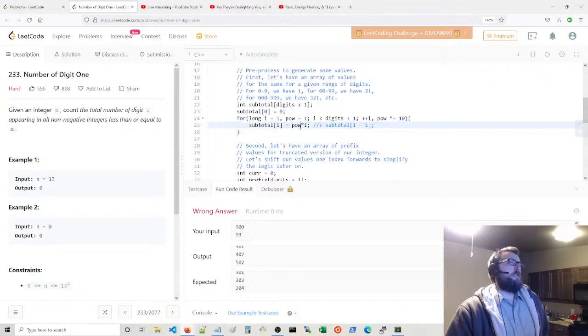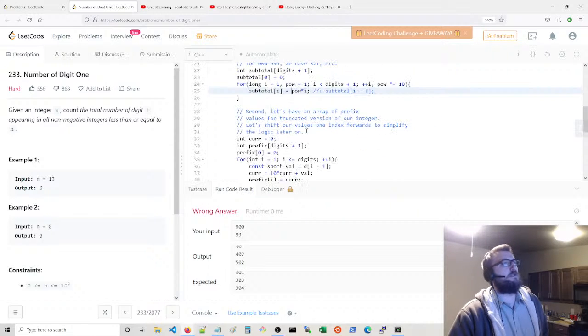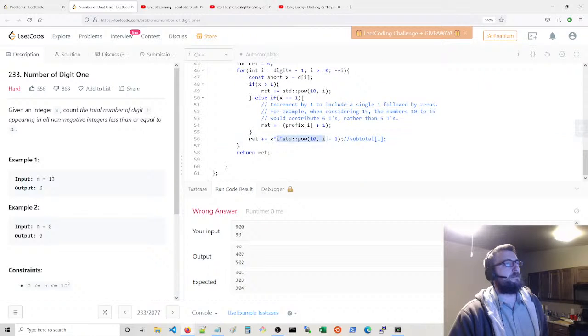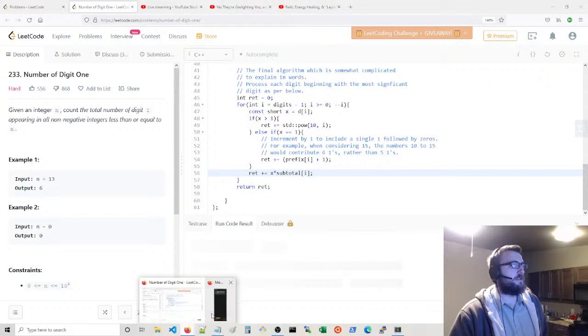So subtotal of 1 would be 10 times 1, or 2, yeah, 2 should be 20. 1 should be 1. So we just say subtotal. I think that's what we want, something like this.